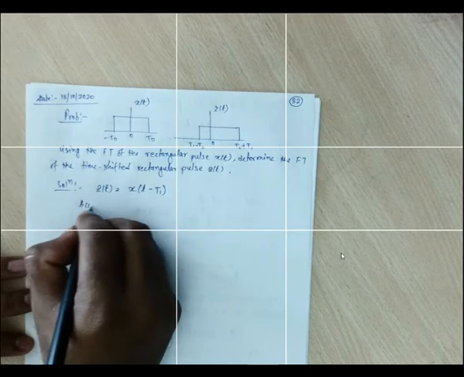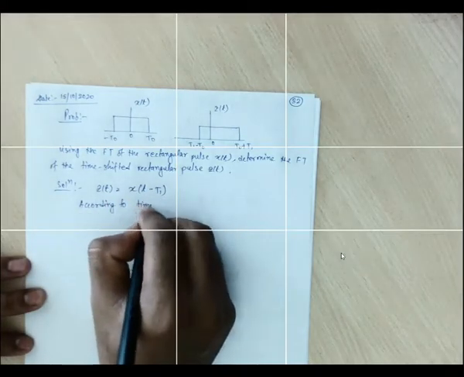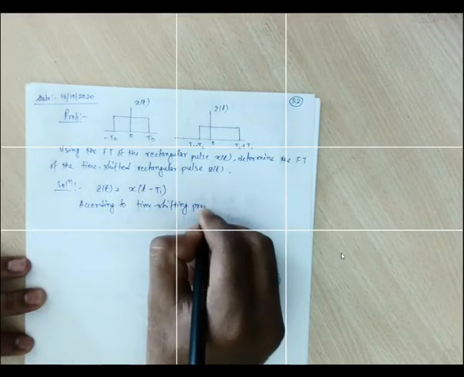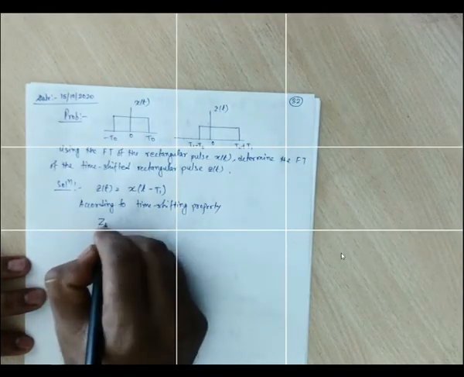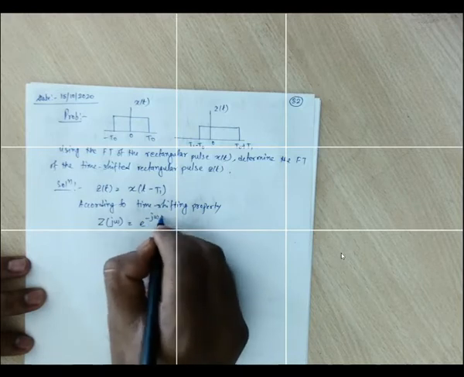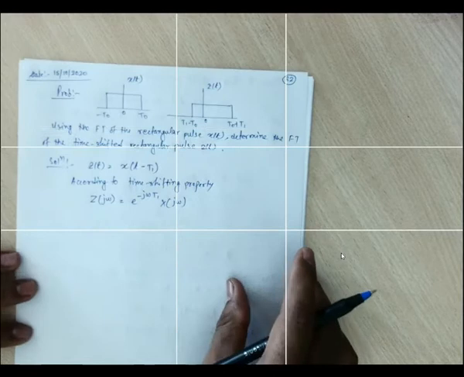So according to time shifting property, what we can say, this Z of j omega is e to the power minus j omega t1 X of j omega.